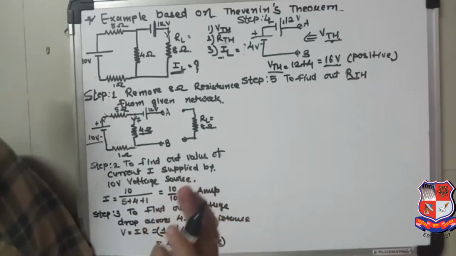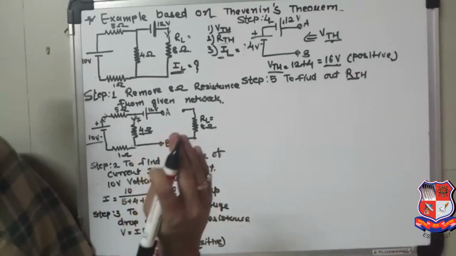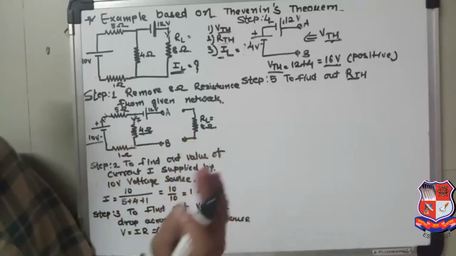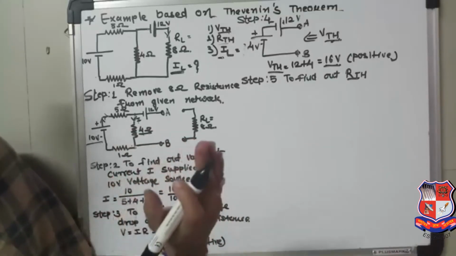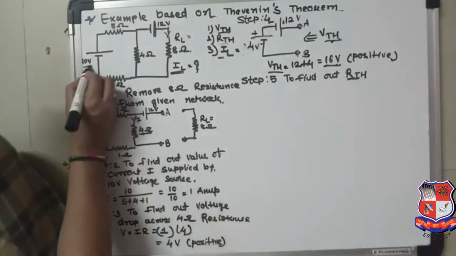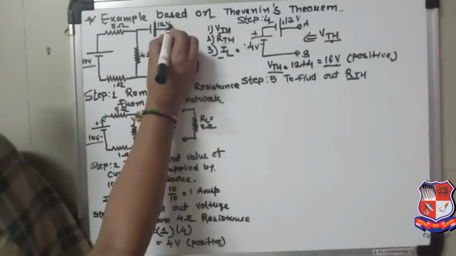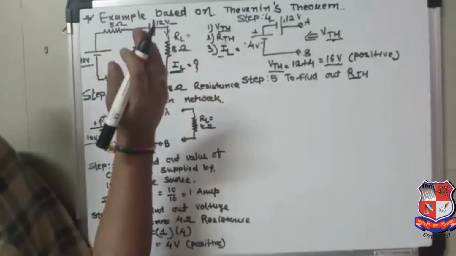To find out the value of RTH, all the voltage sources are replaced by their internal resistance if it is given. And if internal resistance is not given, then the voltage source is set to 0. See here, two voltage sources are there, 10 volt and 12 volt, and both have 0 internal resistance.